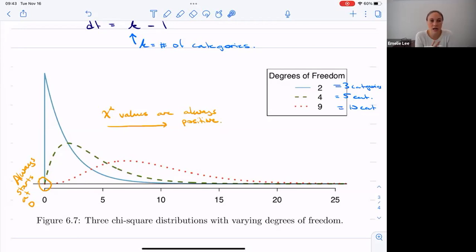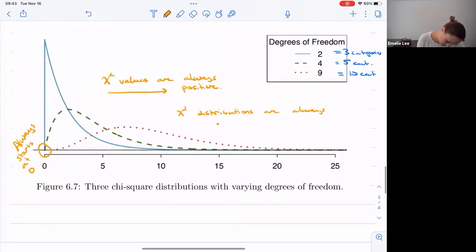Chi-squared distributions are always skewed to the right, but the degrees of freedom determine how skewed it is.